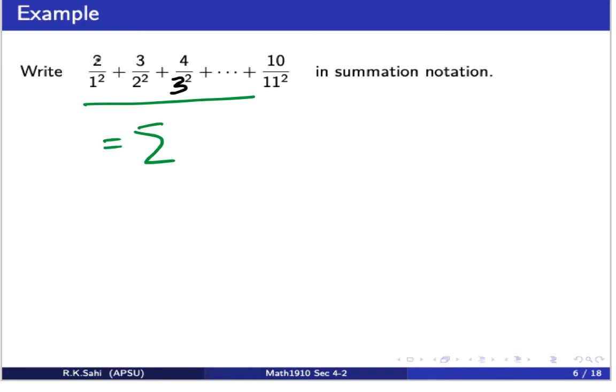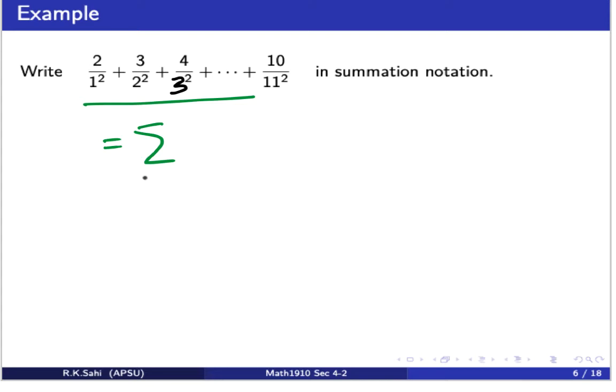The change is happening in the top, the change is happening in the bottom. And every time there's a change, it increases by 1. So notice we start from 1, we go till 11 in the denominator. In the numerator, we start from 2 and we go till 10. The difference between the numerator and denominator is by 1.